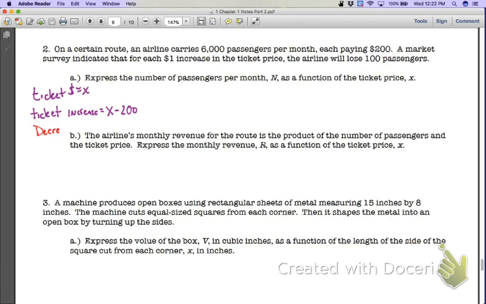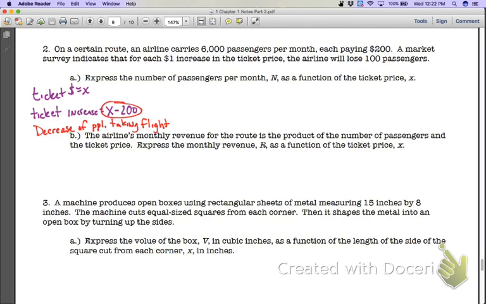So from there, what about the decrease of people taking the flight? How would we write that? What's going to happen every time they raise it $1? If every time they increase the price, what's going to happen?